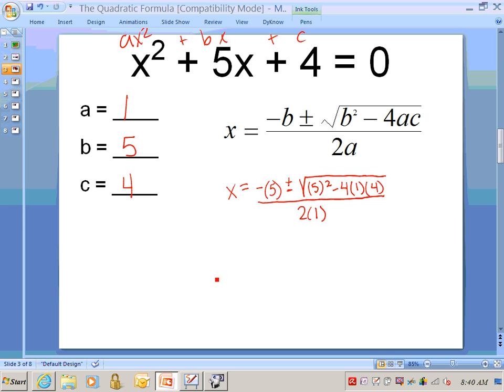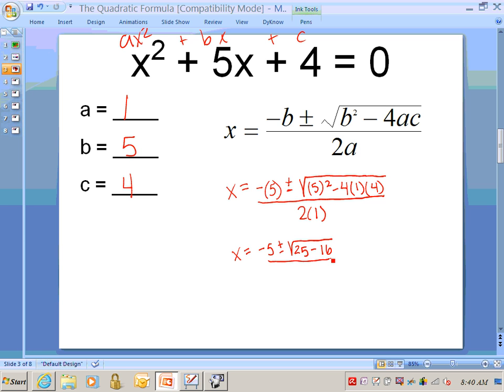You see that? Okay, so now all we have to do from here is reduce. So x equals negative 5 plus or minus the square root. 5 squared is 25 minus 4 times 1 is 4. 4 times 4 is 16.